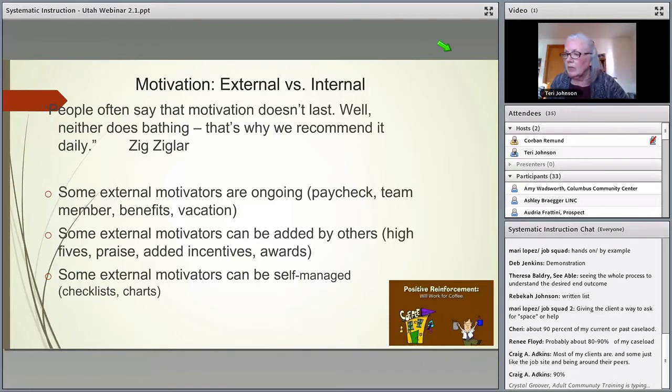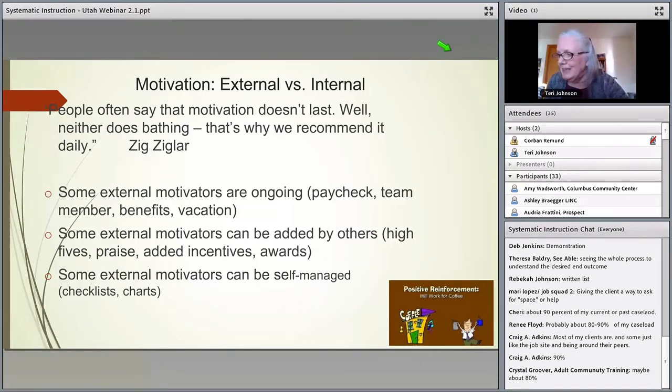For some people, systematic instruction is helpful if they have issues learning tasks. If the issue is whether or not they even want to learn, care about learning, or want to be there, then systematic instruction by itself is not going to be the tool.